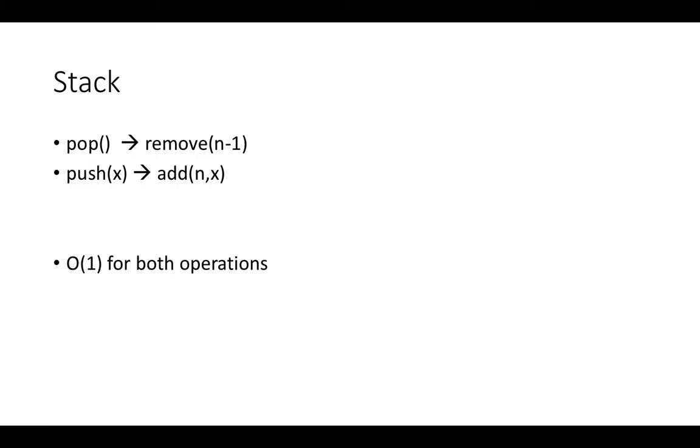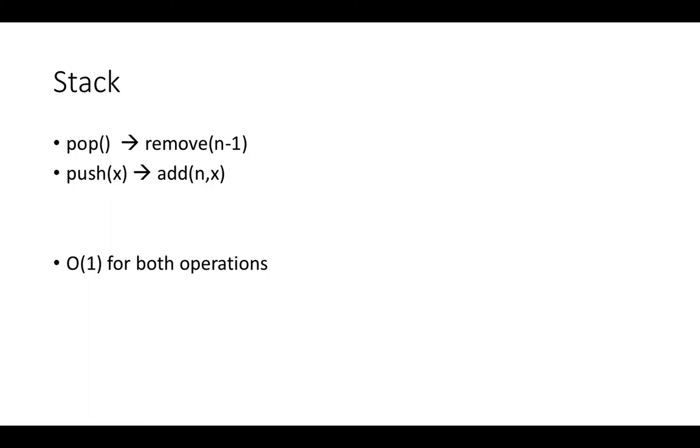So if you think about the stack, we can have a very efficient stack out of an array-based list. The reason is that for a stack we need 2 operations. Pop, we can easily make pop by remove n-1. We remove the last element, and removing the last element is fast. We don't need shifting.